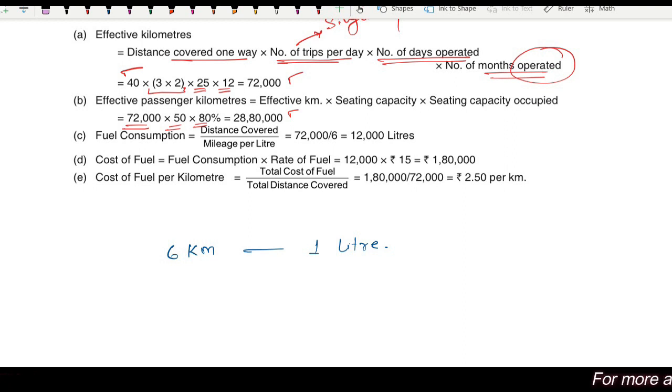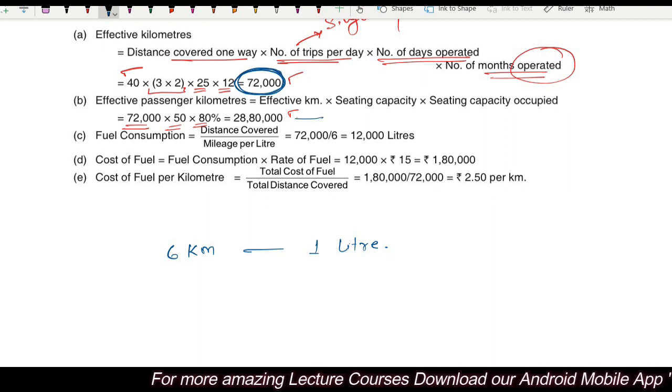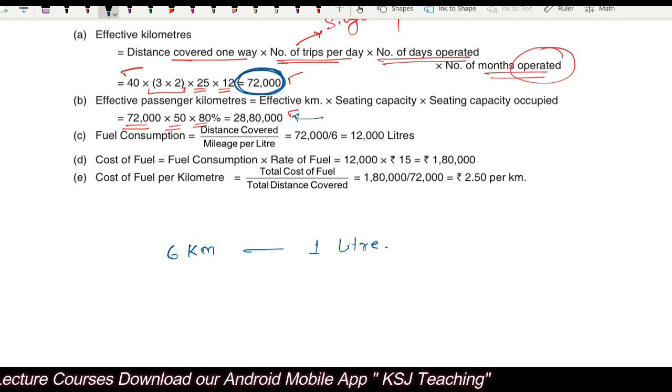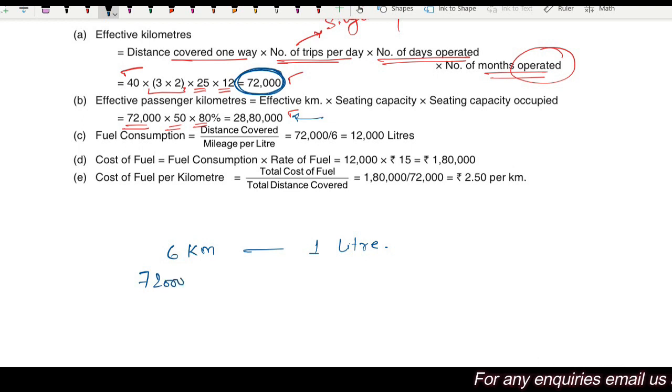That, sir, the fuel consumption will be calculated for these kilometers, for 72,000, not for 28,80,000. Because 28,80,000 includes your passenger also, and the passenger is not going to consume the fuel. So what we are trying to identify is for 72,000 kilometers, what will be the consumption?